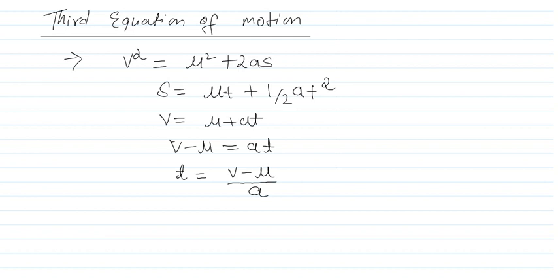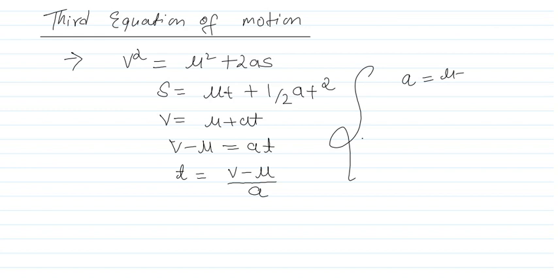Here the operator is multiplication, and if we move it from this side to this side, this operator becomes division. We can also get this t from this equation. a is v minus u upon t.